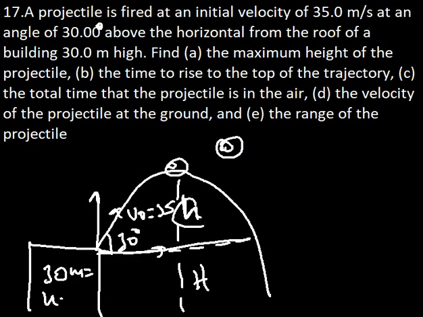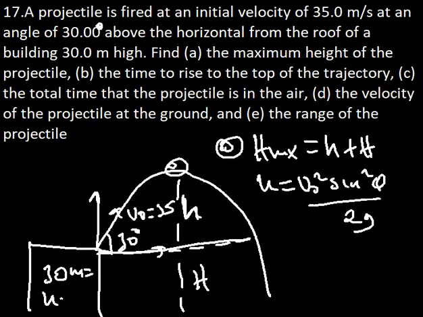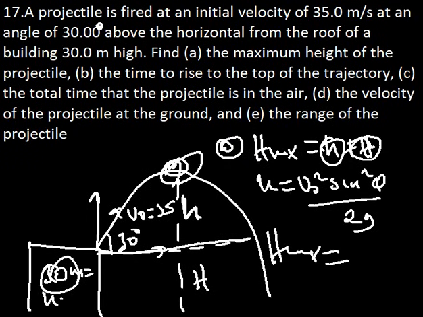The maximum height is equal to the height from the level of the throw plus the height of the building, which is the overall height from where it reaches the maximum point to the ground. But the one you need is the height from the level of the throw, which is equal to v0 squared sin squared theta over 2g. Upon having that one, put it here, you have the height of the building, you put it here, you have the maximum height. That is the height from here up to the ground level. So keep that in mind.